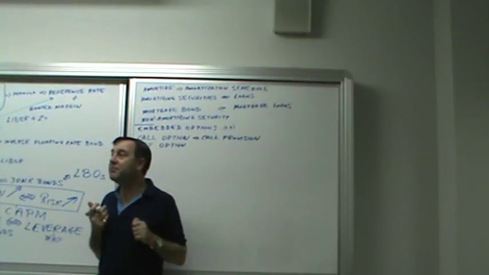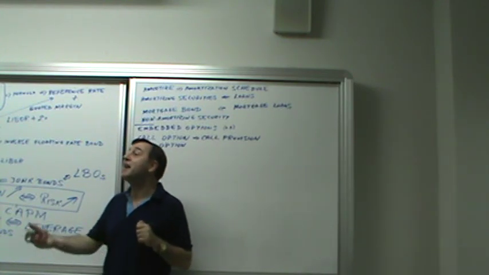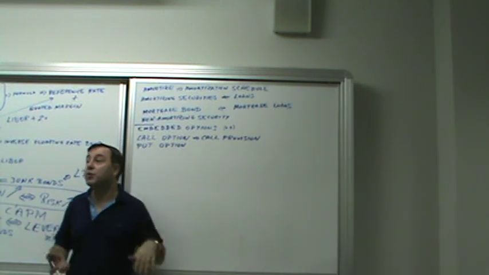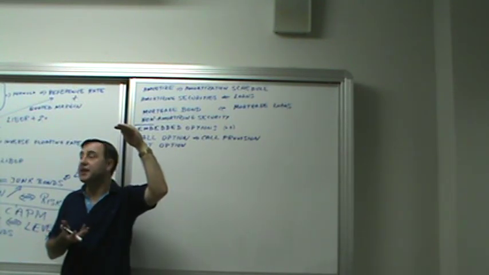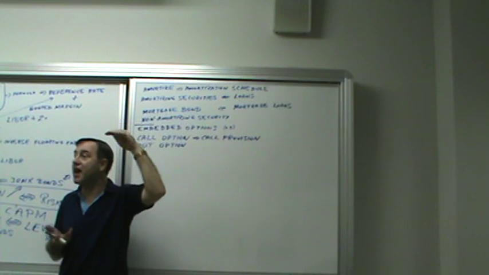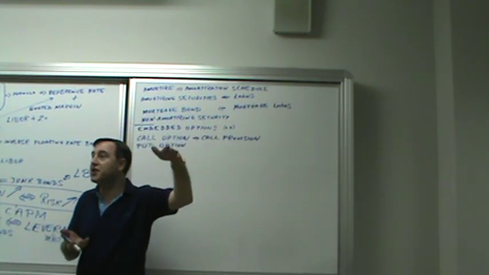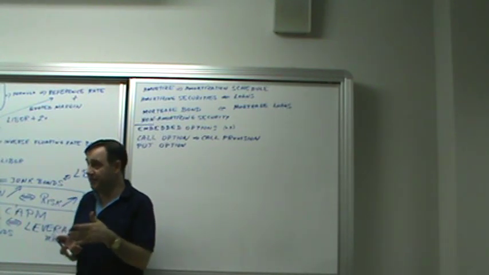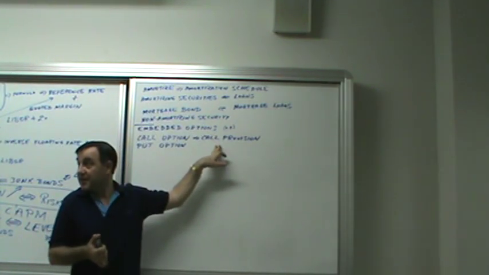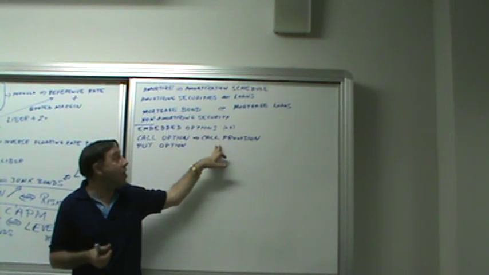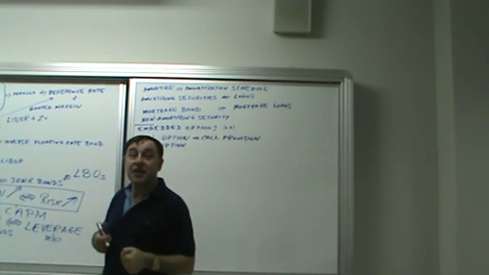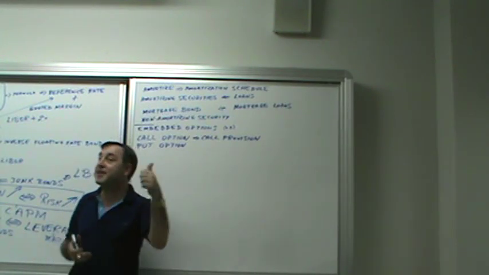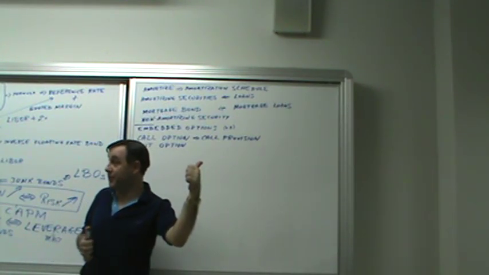To call in the bond basically means to pay back the bond. So you have a 10-year bond which pays 7%. It's a very high interest. Over the next 3 years, interest rates fall down to 5, 6, 4, and 3. Right now we're at 3%. And the issuer says, oh, I can issue a new bond for 3% and pay back the old bond of 7%.